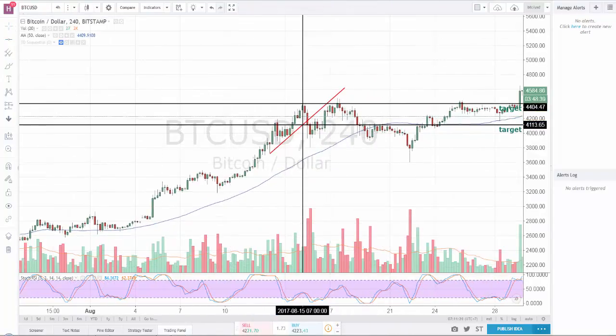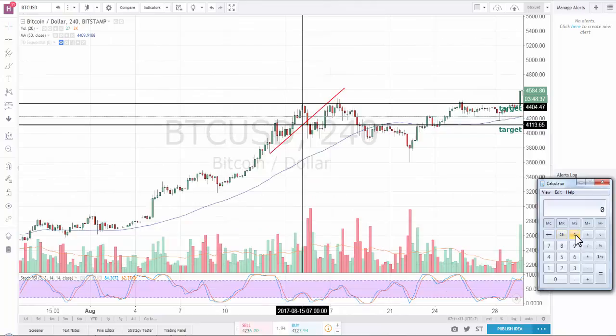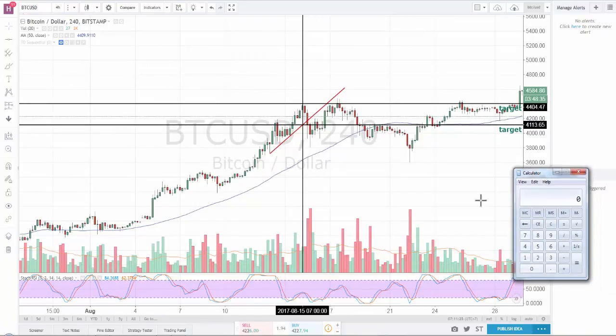So let's see our calculations now to get our target profit. We have to take the highest price here, which is 44.00, minus the price at the intersection, which it says here is 41.13. So minus 41, let's round it to 41.10. So we get 2.90.